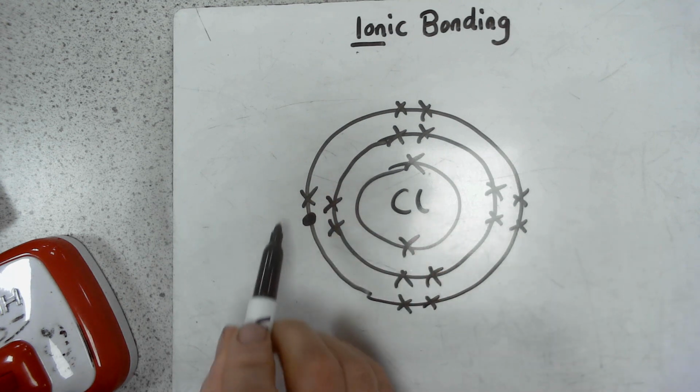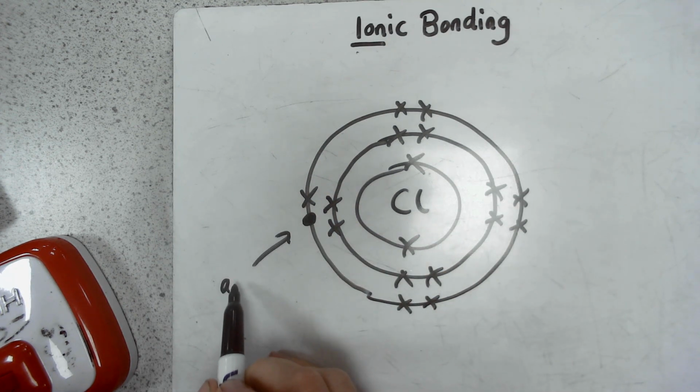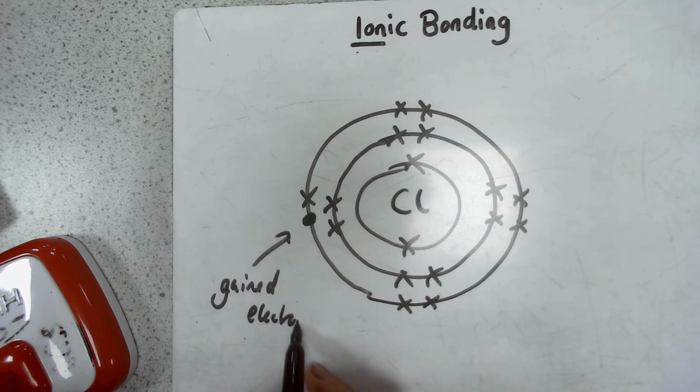Now, it's really important here that you show this as dot and cross. I need to show this as a gained electron when I'm drawing it.